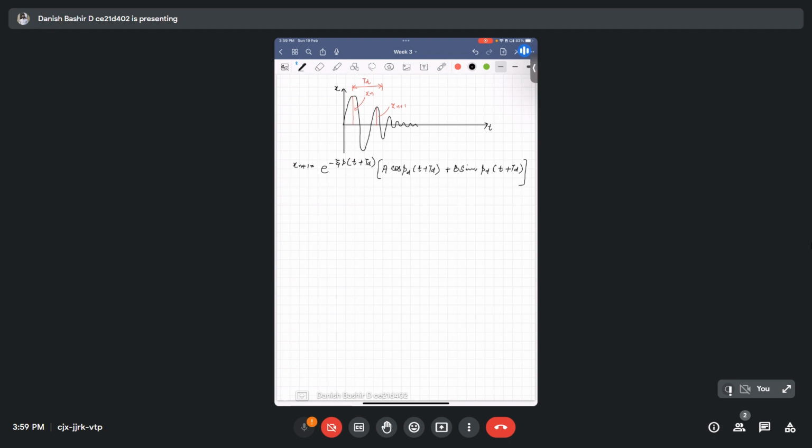When we solve this, we obtain this expression: x of n plus 1 is equal to e power minus theta pt times e power minus theta p Td.